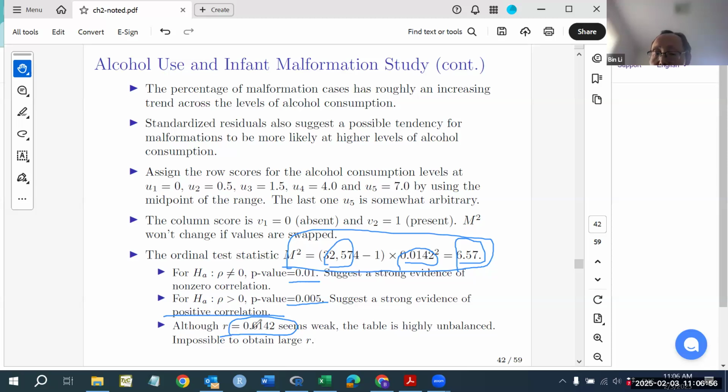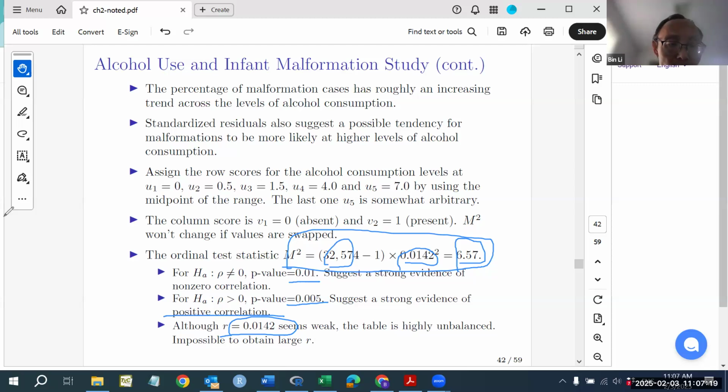It seems to be weak but highly significant because of the large sample size. Here the sample size is 32,000. Because of the imbalance, the correlation is so small, but it's still significant because of the large sample size.